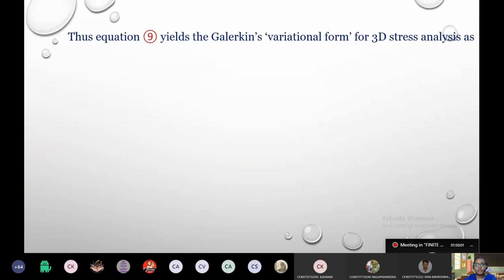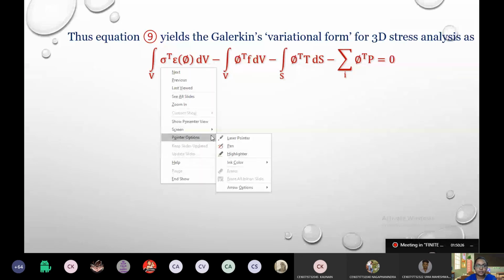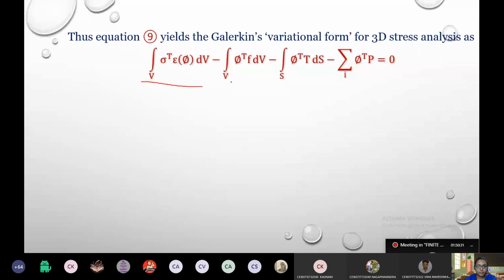Now equation number 9, whatever we have got by taking into account the stress values, strain values, body force values, surface traction values, all those things we rewrite in the variational form of Galerkin's. That can be written in this way. Stress and strain with the arbitrary displacement component phi, taken with respect to volume. Here F indicates body forces.